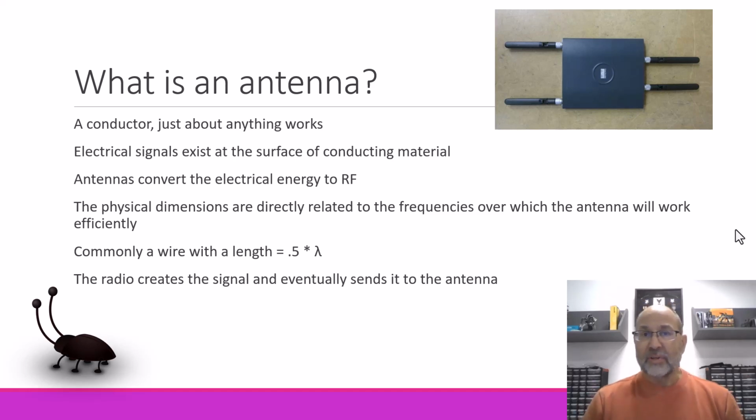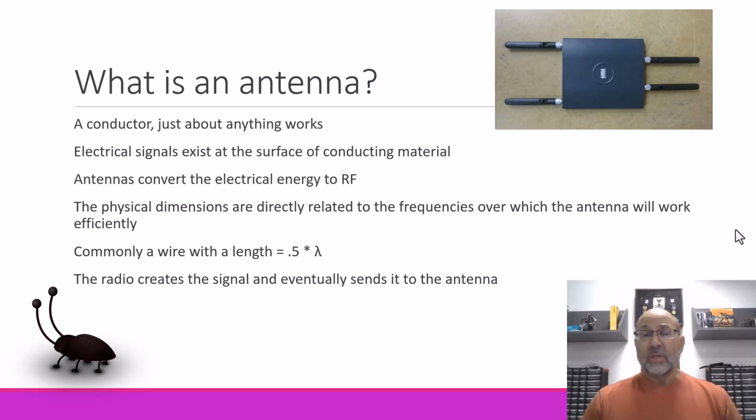Now, there's a big difference in wireless communication between RF signals and optical signals. And of course, when we're talking about 802.11 or 802.15, we're really talking about RF signals. And so we have to remember that. But it's electrical right up to the time it gets to the antenna, and the antenna converts that electrical signal to RF.